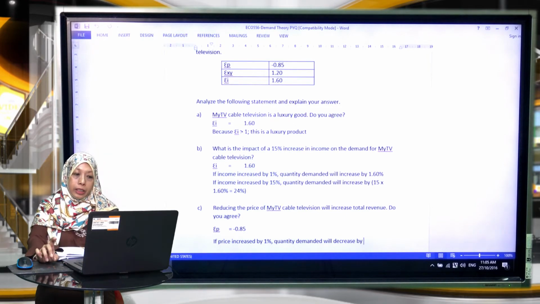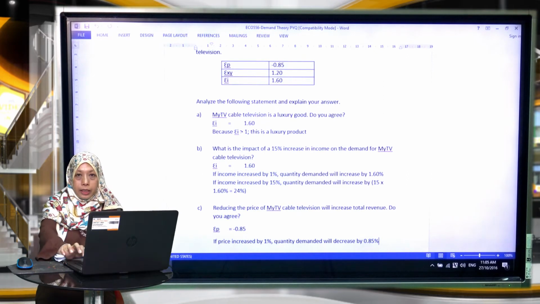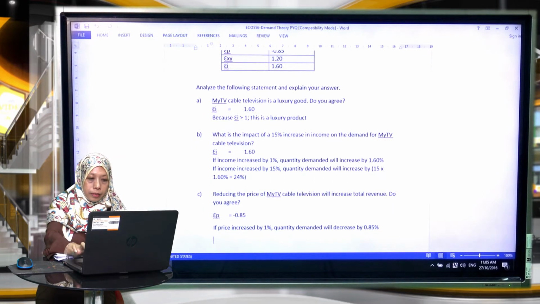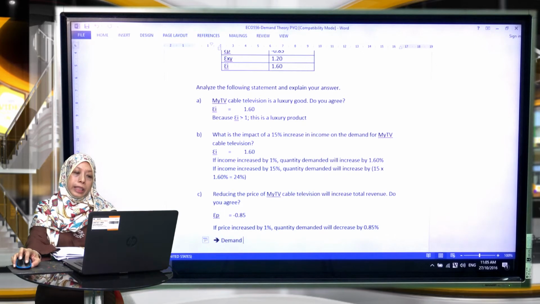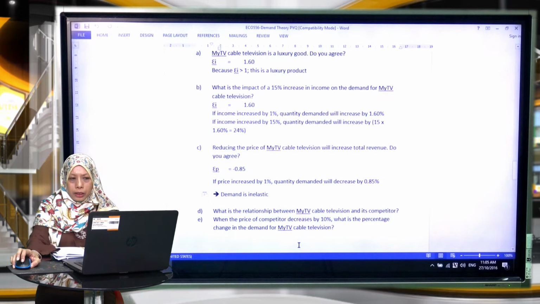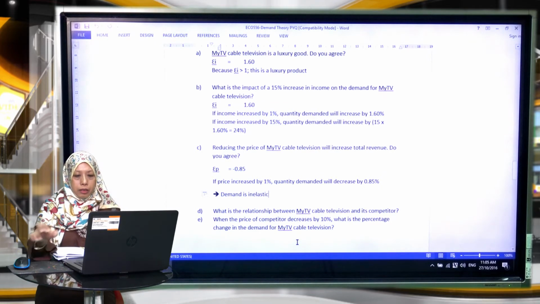Notice that you increase price by 1%, but quantity demanded reduced by 0.85%. So what does this indicate? It simply indicates that demand is inelastic. When demand is inelastic, it means your customers are not that sensitive towards changing price. So when your customers are not sensitive towards changing price, should you reduce price?